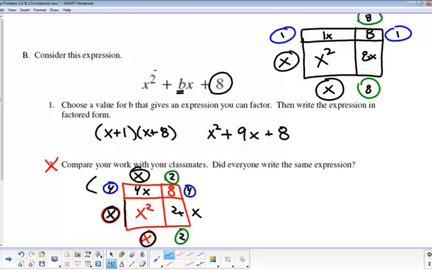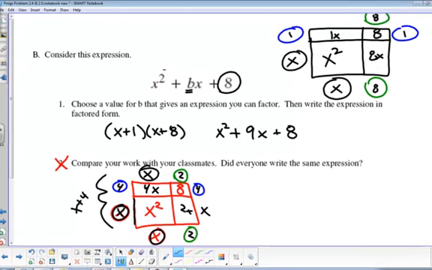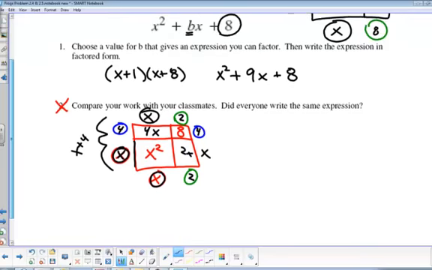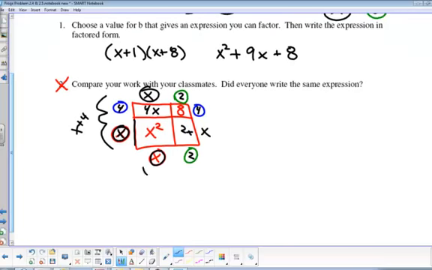So my outer dimensions are x plus 4 and x plus 2. And it doesn't matter if these sides are flipped. You still have x plus 2 and x plus 4.